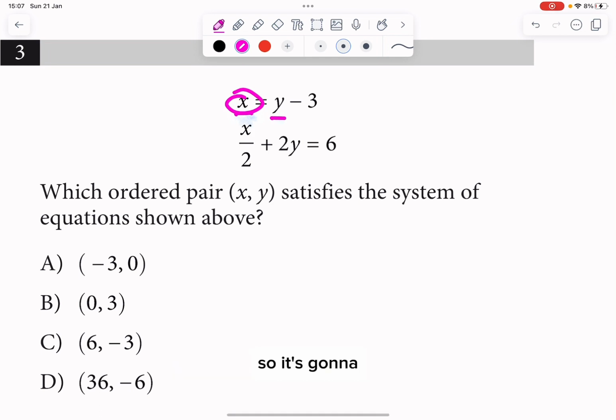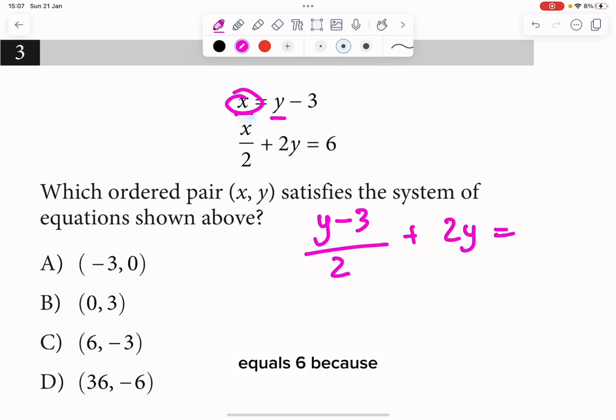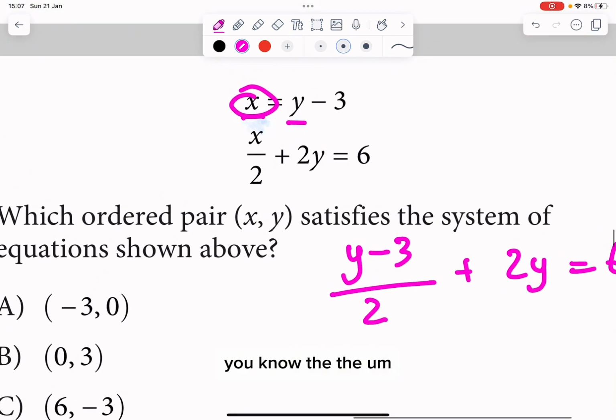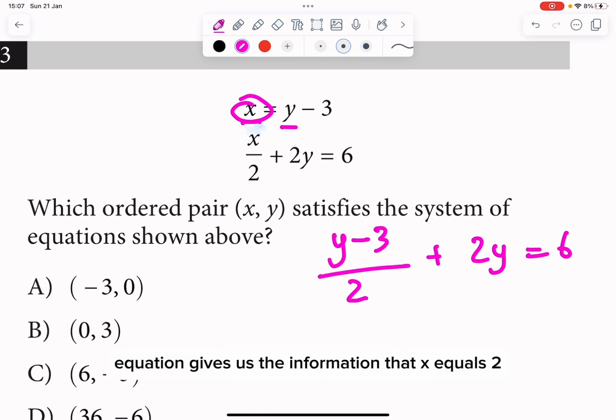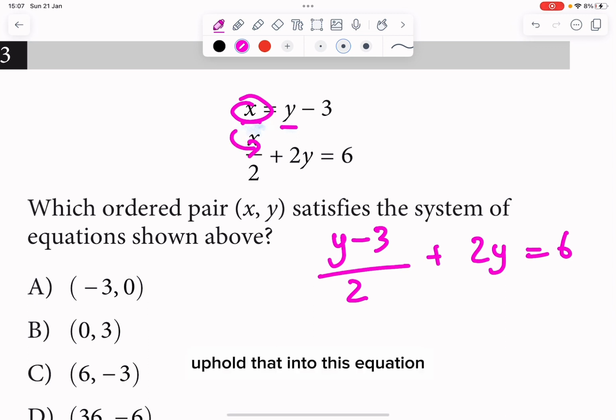So I'm just gonna rewrite this as (y minus 3) over 2 plus 2y equals 6. Because the equation gives us the information that x equals y minus 3, we just need to plug that into this equation.